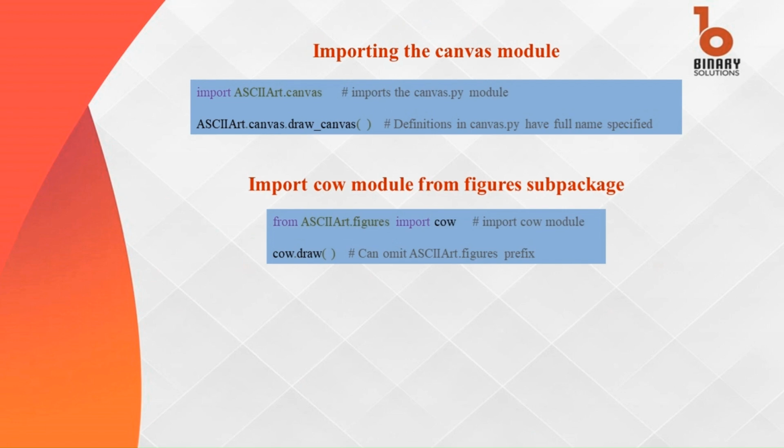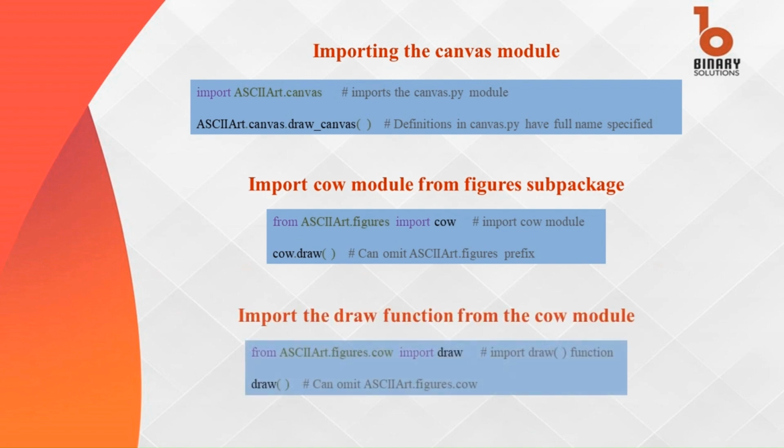Next, by importing the cow module from the figures subpackage with from ASCII_art.figures import cow, the prefix ASCII_art.figures is no longer needed when calling functions within the cow.py module. This approach makes the code more concise and allows direct access to the cow module's definitions, such as cow.draw. This method simplifies the code when only a specific module from a subpackage is required.